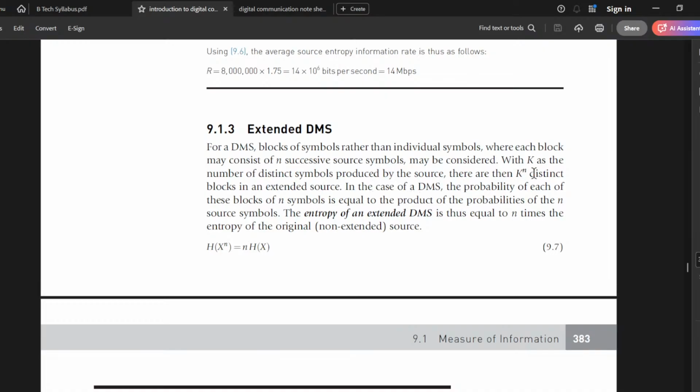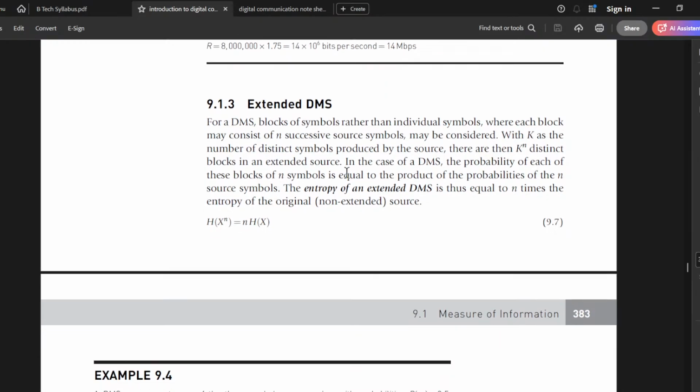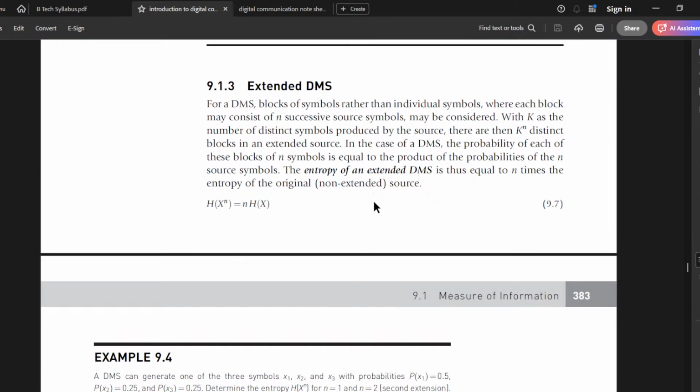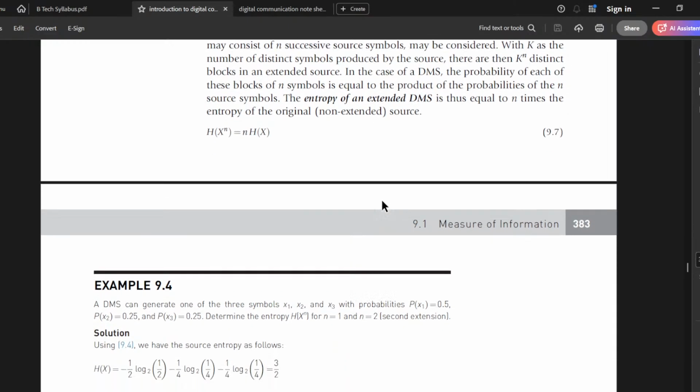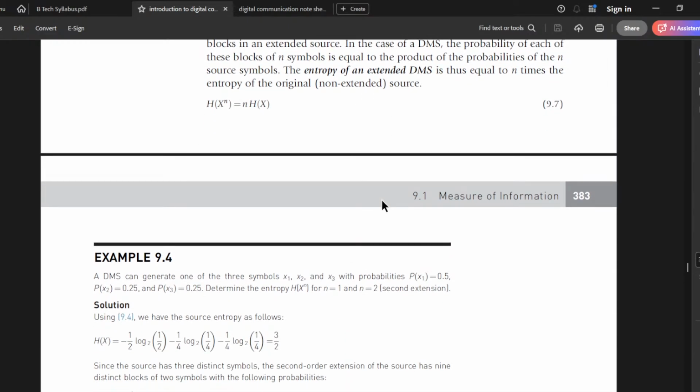There are k to the power of n distinct blocks in an extended source. In the case of a DMS, the probability of each of these blocks of n is equal to the product of the probabilities of the n source symbols. The entropy of the extended source is thus equal to n times the entropy of the original. So the entropy of the extended symbol, H(X^n), is equal to n H(X).